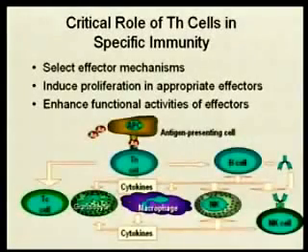Shown here is a pretty simplified cartoon. Again, shown in the middle here is a T helper cell. As you remember, one of the critical steps in activating a T helper cell is the recognition of an antigen in association with class II MHC.